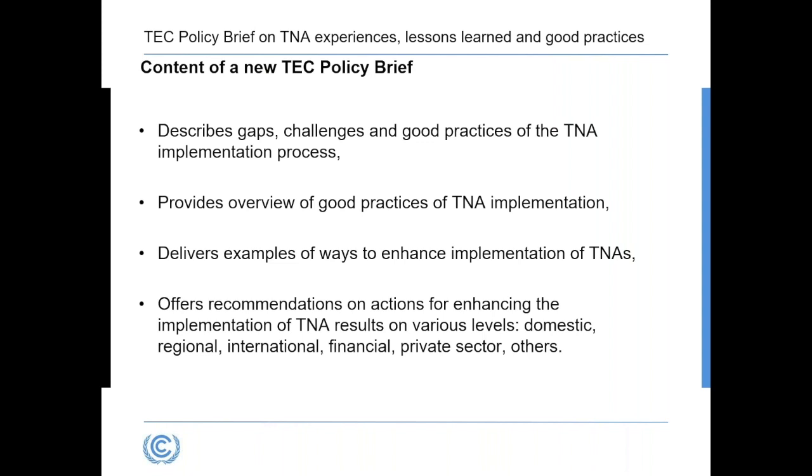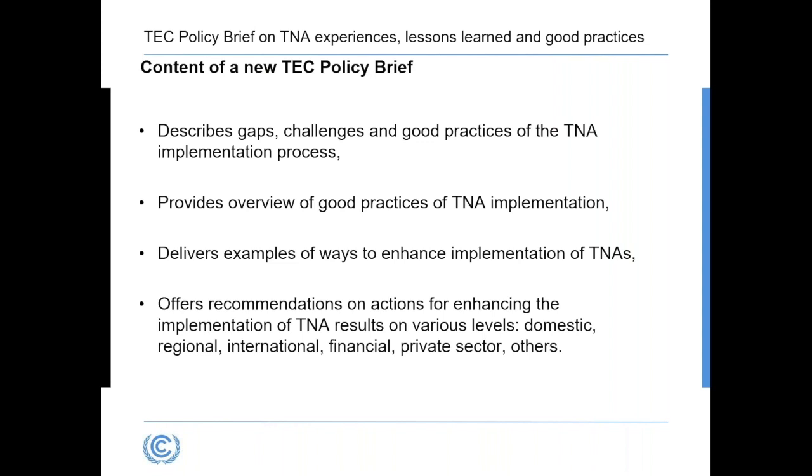So the contents of that paper, which is about to be finished, so we are talking here about 2020 documents, describe gaps and challenges and good practices of this implementation process, which is mainly very interesting for us as a secretariat, as I said, where we're going with those very informative documents.